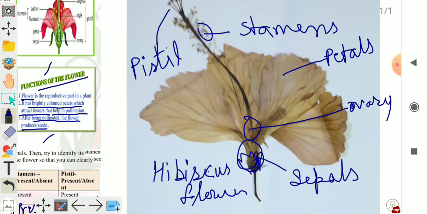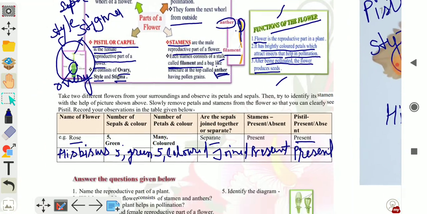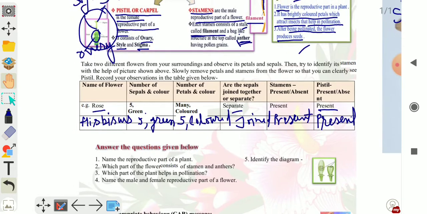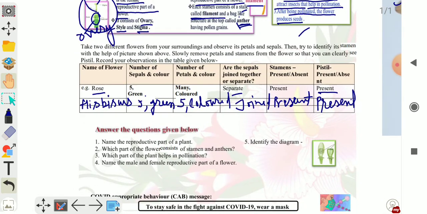Stamen has 2 parts, stalk, which is called filament, and anther. These are stigma, and this part is style. So this is the hibiscus flower. In Hindi it is called gudhal. So you can write about hibiscus or gudhal plant.